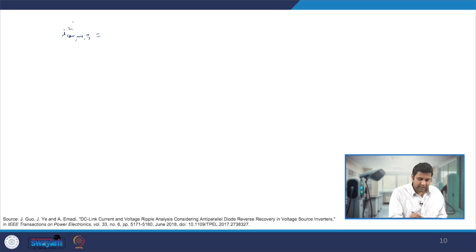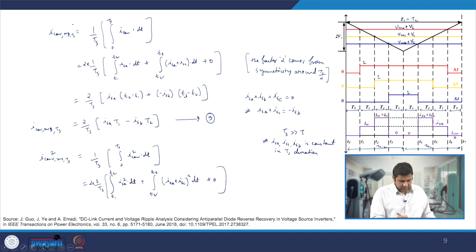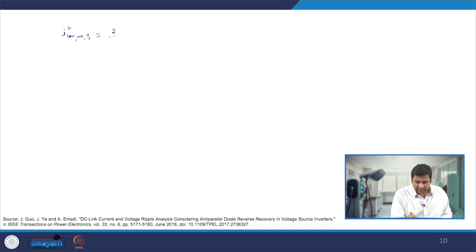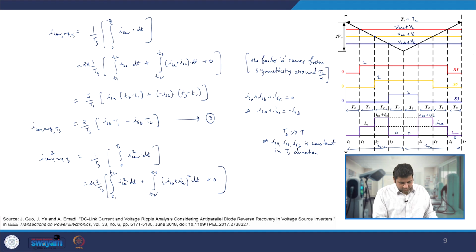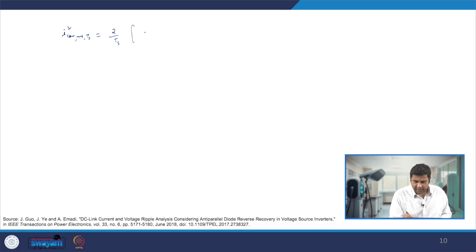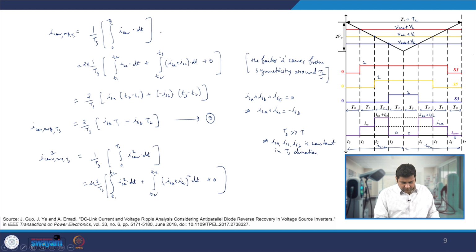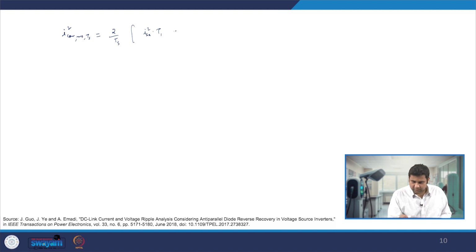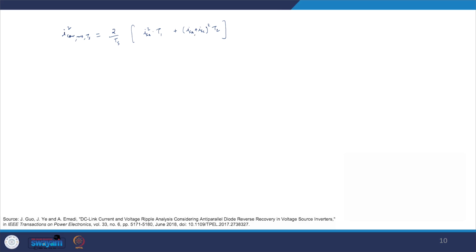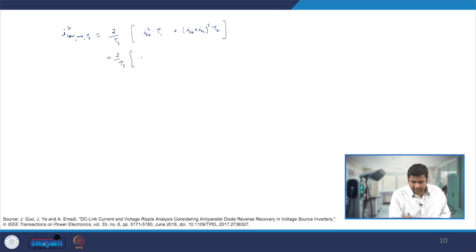Here we have purposefully taken I converter square just to avoid the under root term. It is nothing but 2 by Ts, and this I_SA, I_SB and I_SC are constant, so we can just write I_SA square times T1, plus I_SA plus I_SC square T2, which will be I_SA square T1 plus I_SB square T2.